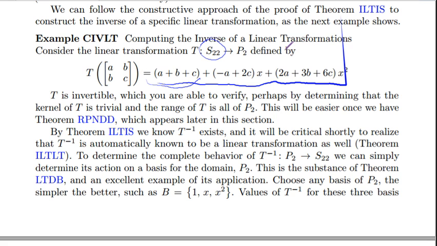So I'm looking for a function that goes from polynomials back to matrices that inverts this function. Well, if I can find a function that works on a basis of polynomials, and here's a basis of polynomials here, if I can define a function on this basis, by the linear property, I can find a function for any polynomial that works. So let's consider T inverse for these three basis vectors.